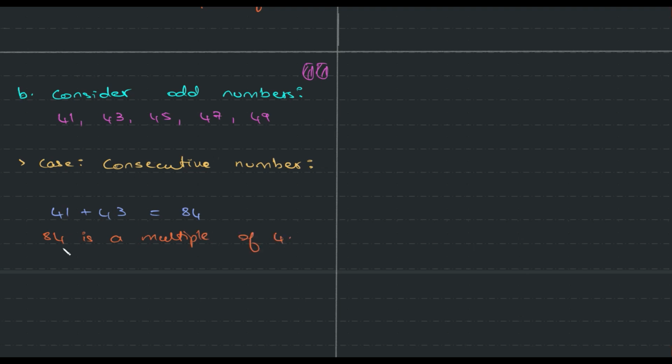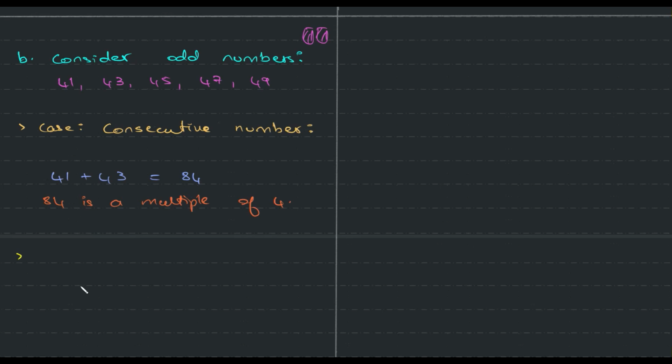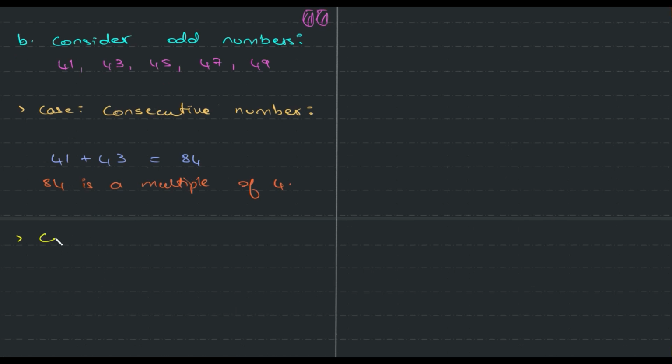That is, it can get divided by 4 or it comes in the 4 table. The language can vary, not an issue. Now, what is the other case? Again, see, I'm varying the scenarios. Non-consecutive numbers. Whenever you get any such situation, take up a bunch of examples.